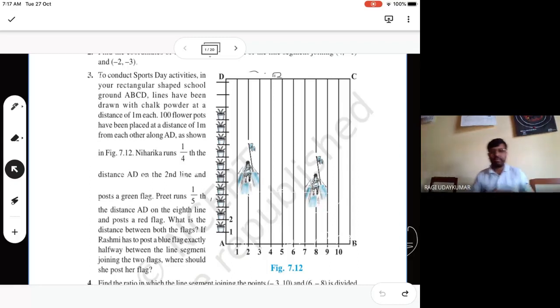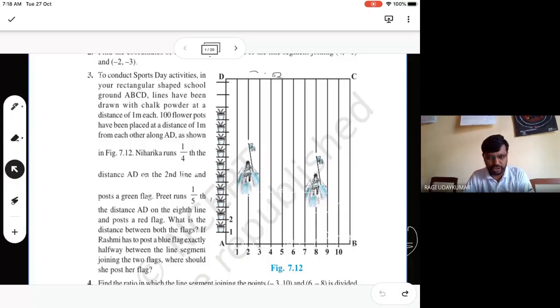If you observe the sample paper, I have posted both the sample papers in your Google Classroom. Basic and standard board exam sample papers I have posted, and if you observe the sample paper clearly, there is a section which contains the case based questions.